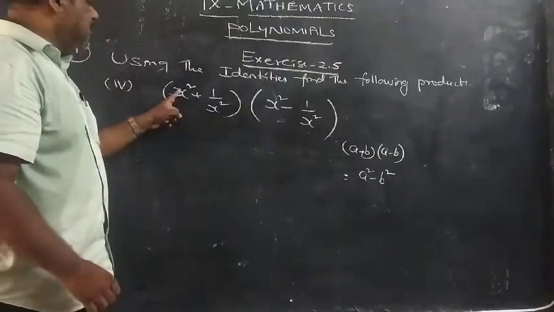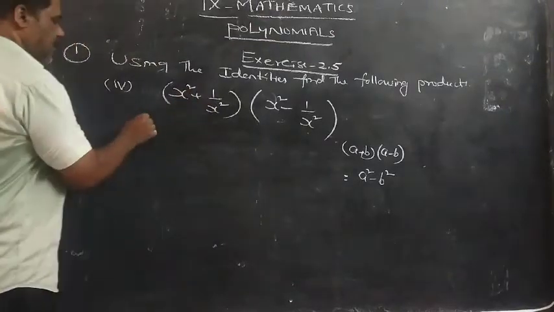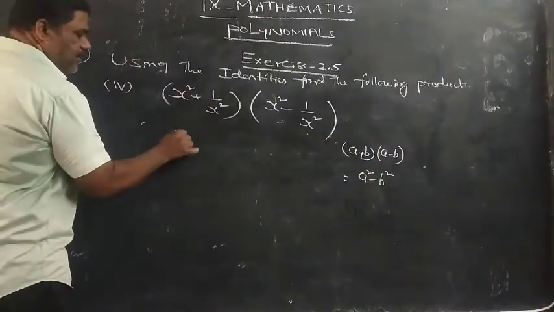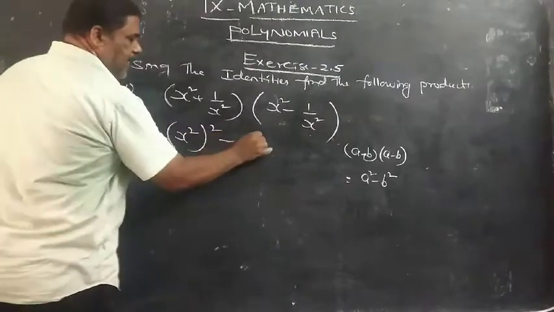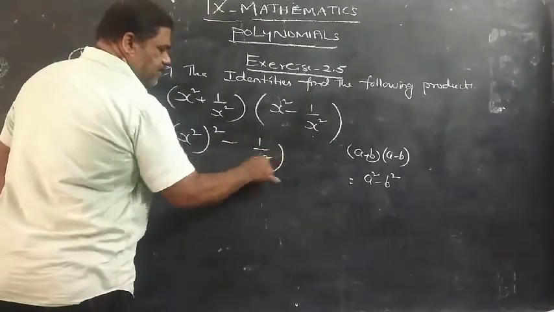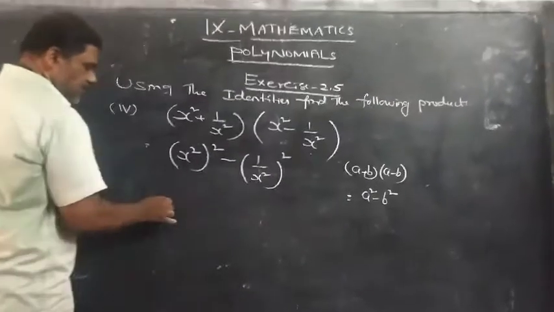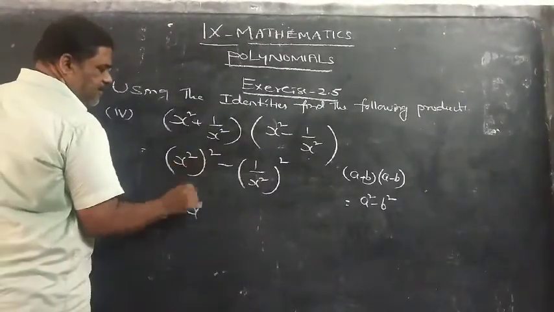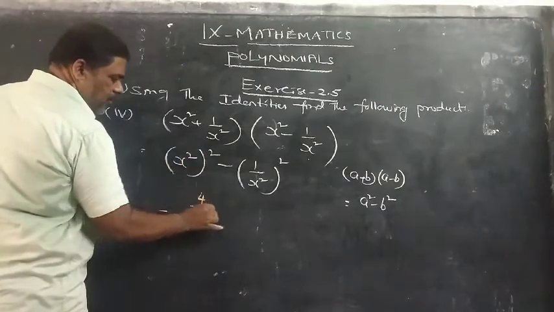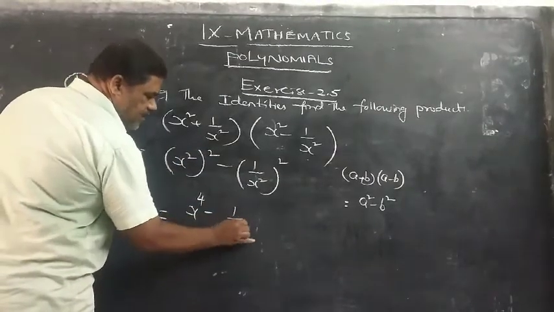So here a is x square, b is 1 by x square. So a square, when two powers are there, we will multiply them, 2 2s are 4, so x to the power 4, minus 1 by x to the power 4.